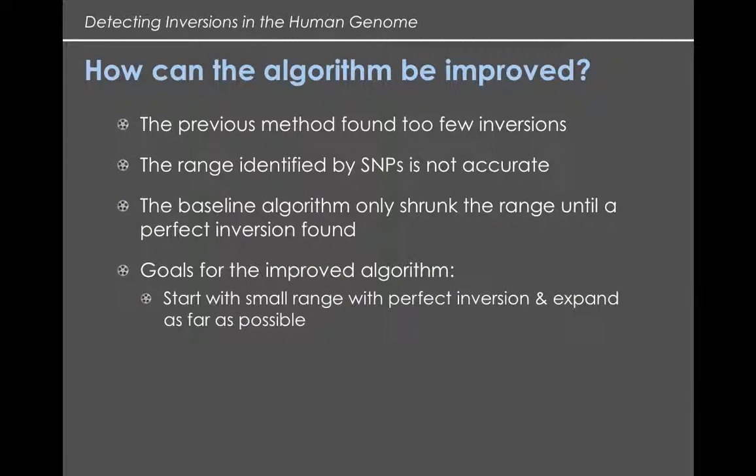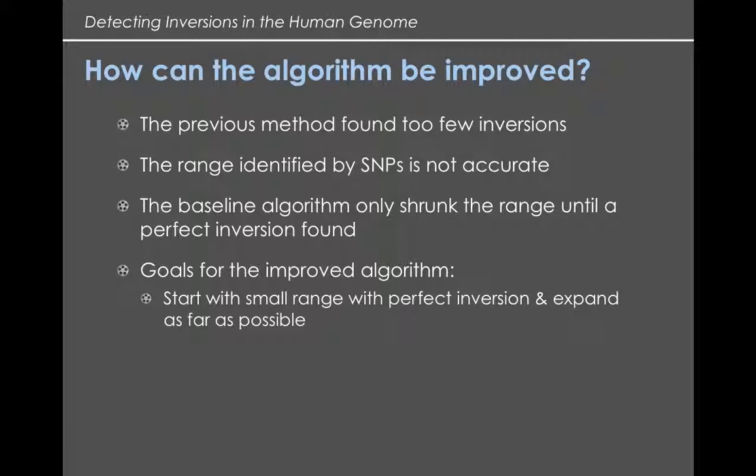There are several ways this algorithm could be improved. First of all, it's very strict, and it detected far too few inversions. Also, SNPs aren't necessarily the best way to detect inversions. There's a possibility that a long portion of the inversion is very similar, like several A's long or several T's long, yet the whole thing might be an inversion.